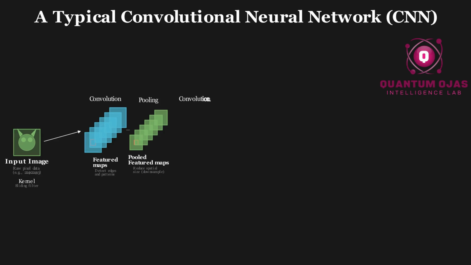As the filter slides, the network starts detecting basic features like edges of the image, lines of the image, and simple curves of the image. On the screen, this is shown as blue stacked rectangles, also called feature maps. The flip animation indicates that multiple feature maps are being generated at the same time.